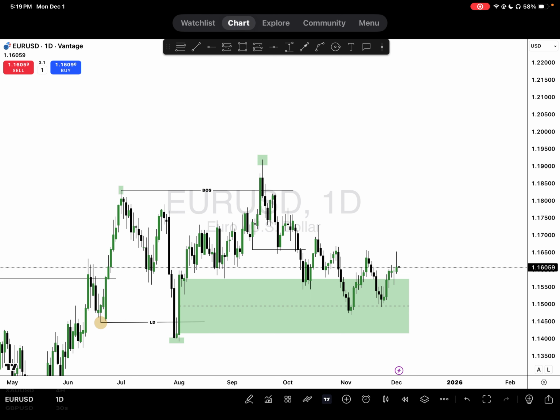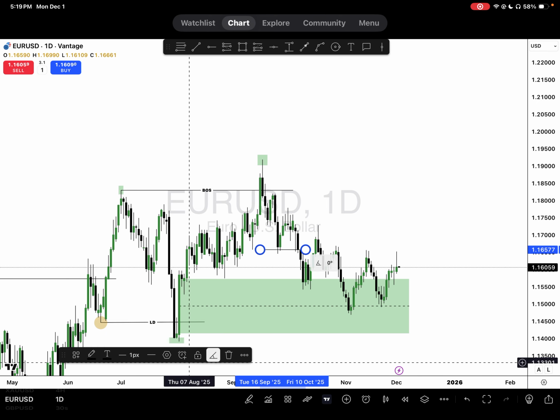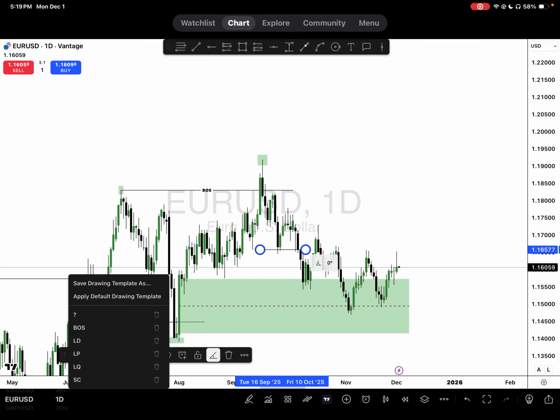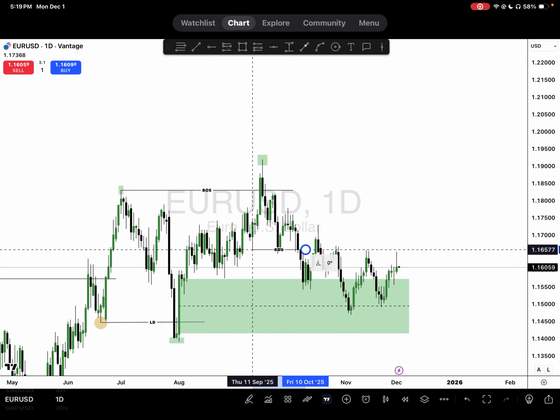And if price decides to forego that, then we would be looking for a transition action, which would be a breaker structure as well, but an external breaker structure. So this would be a breaker structure here, right?